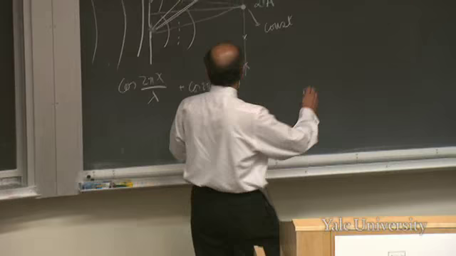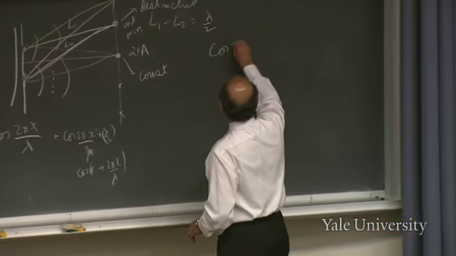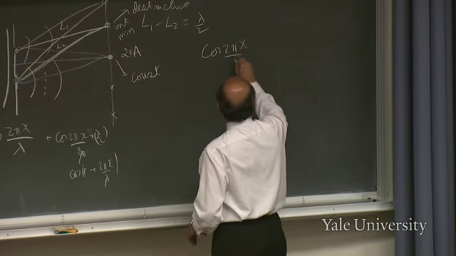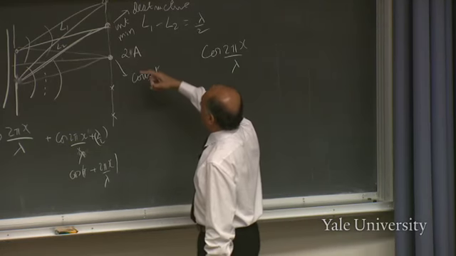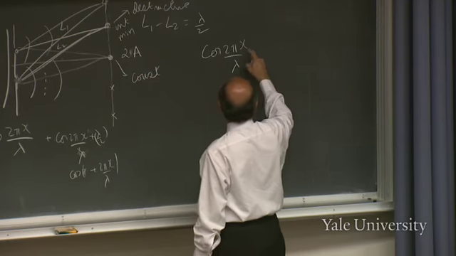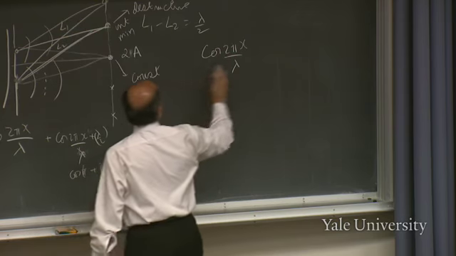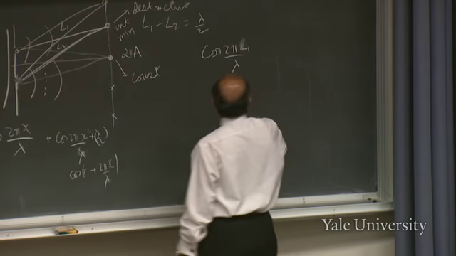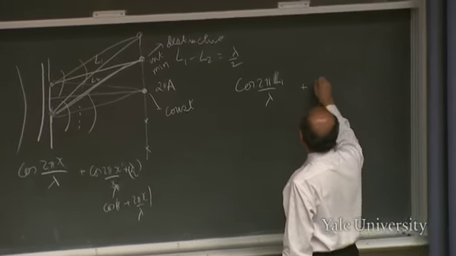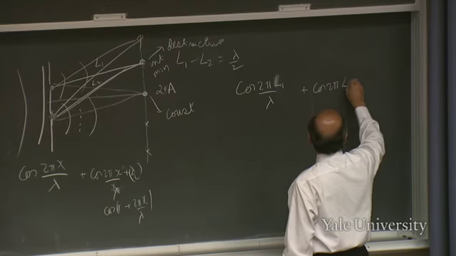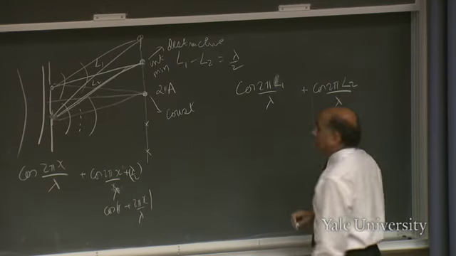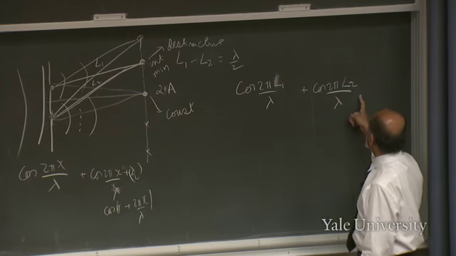Let me tell you what I tried to do. Cosine 2 pi x over lambda, let's pick a certain time so that I don't worry about omega t. In fact, let me write it as L1. The other one is cosine 2 pi L2 over lambda. I'm adding two waves.